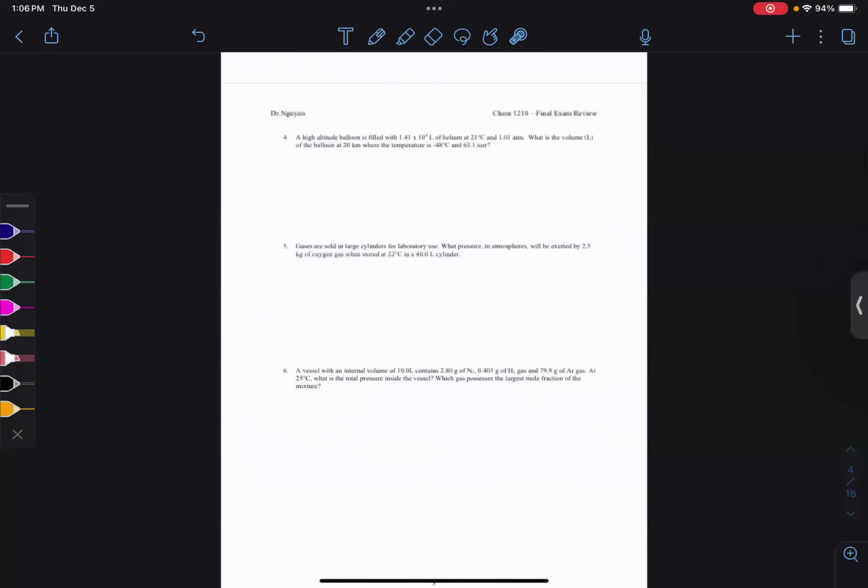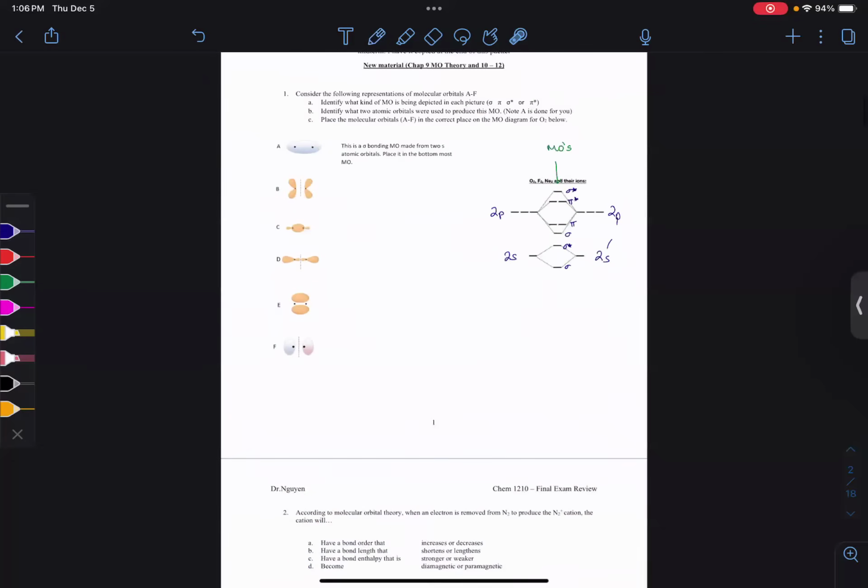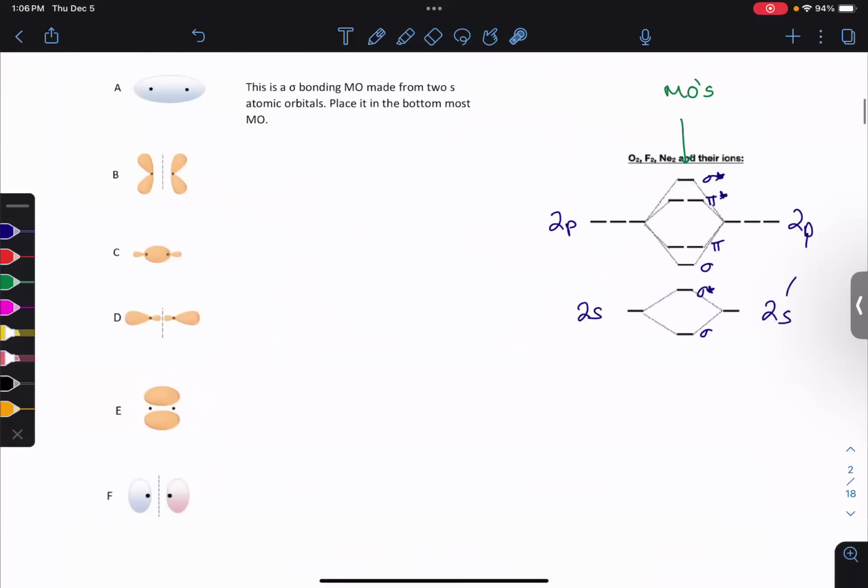So let's go back to our original question and actually place these orbitals where they belong. So here I did the first one for us. So A, here, those two black dots are our atoms. And so you kind of got to squint your eyes and think, what kind of bonding interaction is this? Is it bonding or anti-bonding? And then what were the original atomic orbitals used to create these?